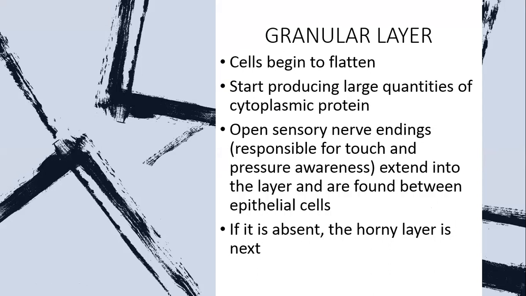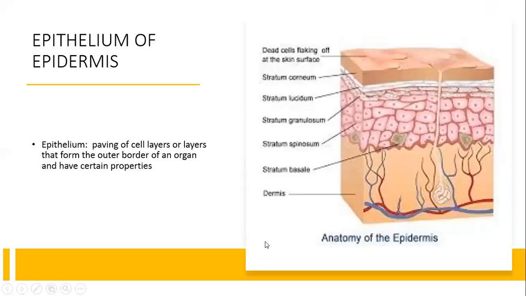Open sensory nerve endings that are responsible for touch and pressure awareness extend into this layer, and they are found between the epithelial cells. If you don't have the next layer, the horny layer is next.